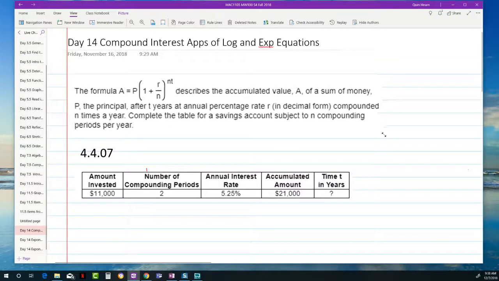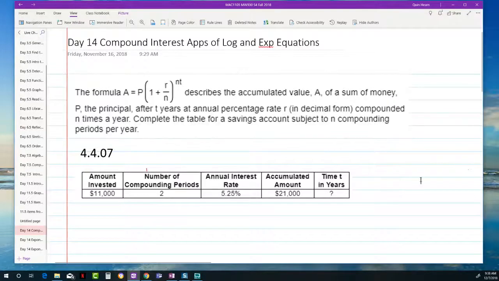Compound interest is a topic that we all experience actually all the time. Compound interest is usually how they calculate interest on, for example, your credit cards. The way that it works is, instead of just adding, let's say the interest rate is 10% per year, instead of just adding 10% at the end of the year, they add it on intervals.